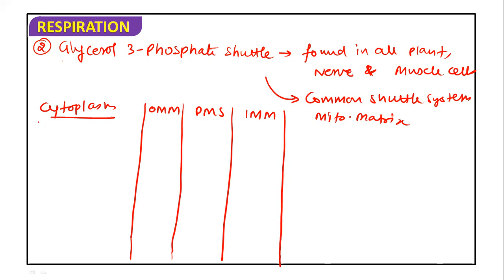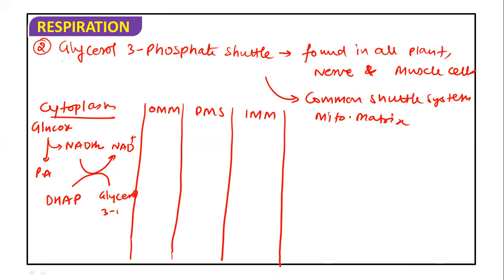Now in the cytoplasm, glucose gets converted into pyruvic acid, during which NADH2 gets formed. Now this NADH2 is converted to NAD plus by the reaction of DHAP, and when DHAP reacts with NADH2 to form NAD plus, along with that it will form glycerol 3 phosphate.